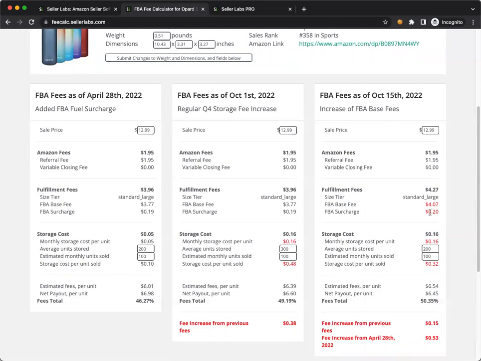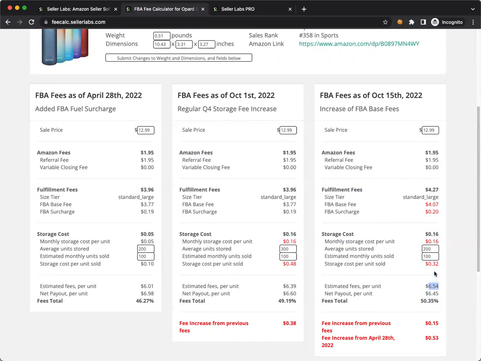Since the surcharge is 5% of that, it actually increases the FBA surcharge a penny as well. And then we have the same math here with the storage cost during Q4. So, all things said and done, our fees on this product have increased. On September 30th, we were paying $6.01 in fees, and now, on October 1st or October 15th, we've added about 50 cents of fees.